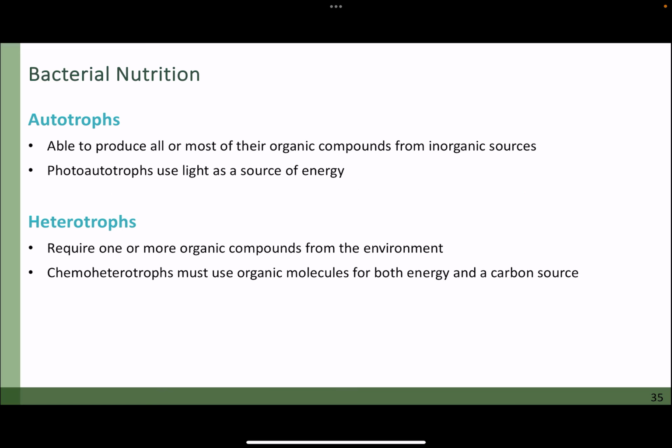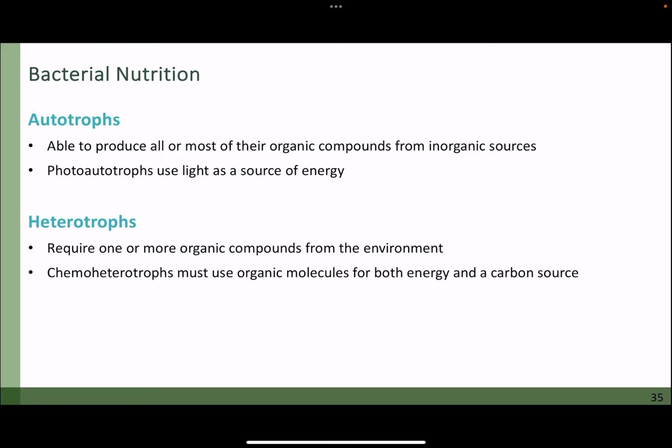So last little bit, there's a huge diversity in bacterial nutrition. The two major groups are going to be autotrophs and heterotrophs. Autotrophs can produce their own organic compounds from inorganic ones. Our common example of this are photoautotrophs.